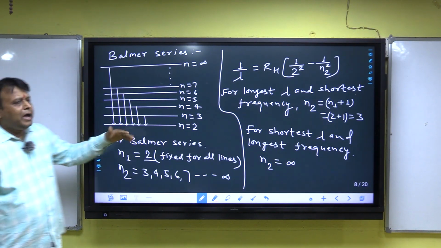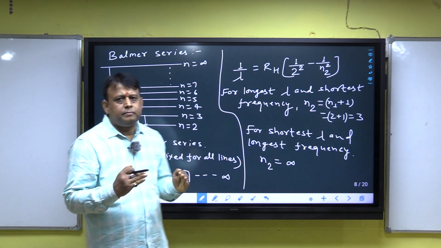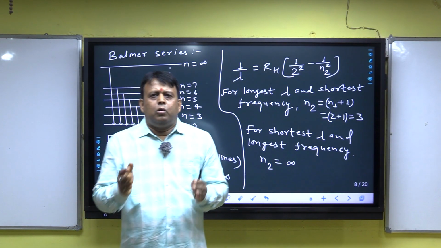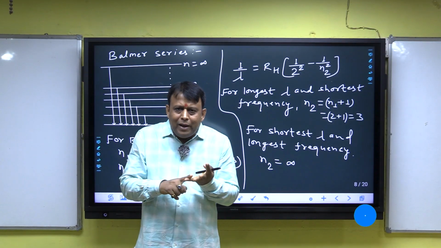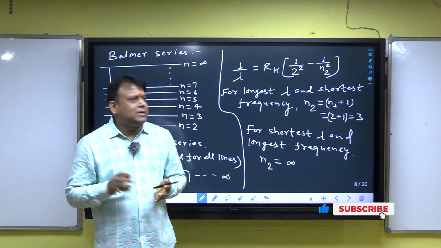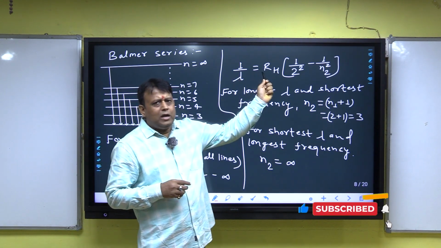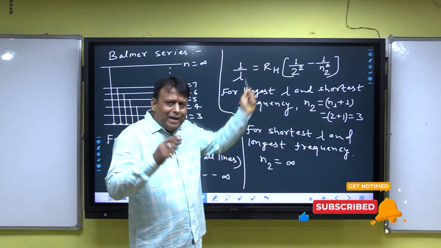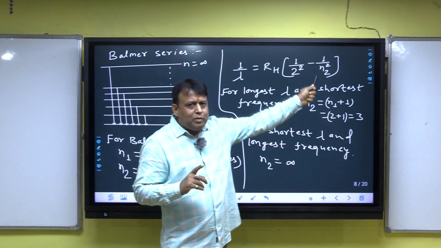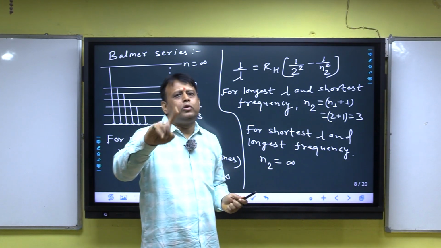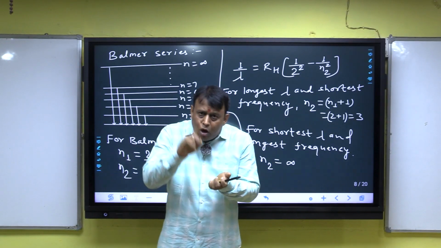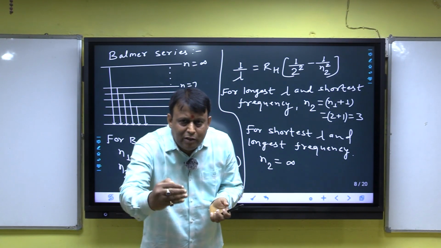It is Balmer, and by using the Rydberg equation, we will calculate wavelength, frequency, wave number of any line of Balmer series. 1 by lambda equals RH times 1 by n1 square, where in Balmer series n1 is always fixed at 2, minus 1 by n2 square, and the n2 value depends upon the question. For longest lambda, the value of n2 is always n1 plus 1.